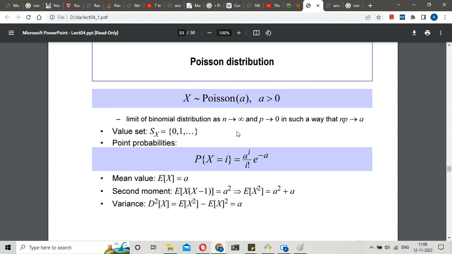Then in that case, a little complex formula we have to calculate. Here the exponential will come into the picture. One example is the number of people in the queue at an ATM.